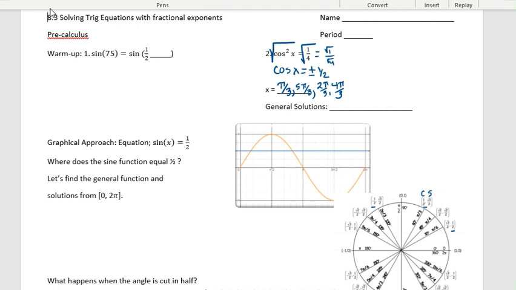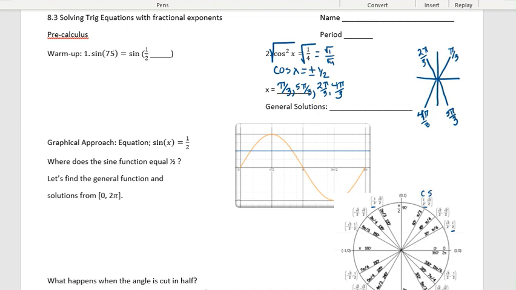General solutions, what I want to do is point out to you that if you're looking at all of these solutions, I have one solution at pi over 3, which is up here, and I have a solution down here, which is 5 pi over 3, and then I have a solution up here that's at 2 pi over 3. And I have one, I'm sorry, this was 4 pi over 3. I just caught it. I was going to write 5 pi over 3, and I go, wait a minute, 5 pi over 3 was already used.